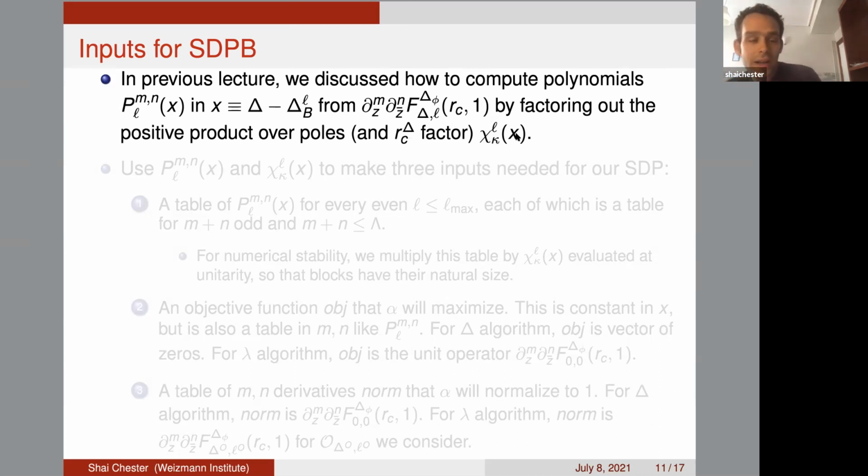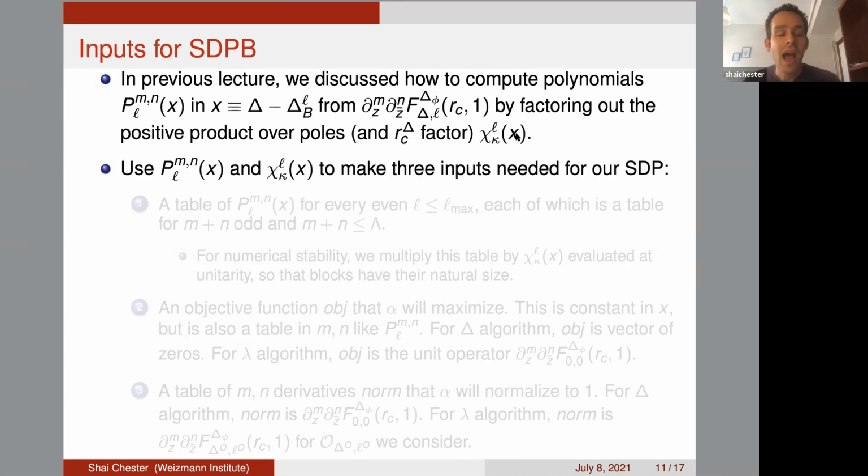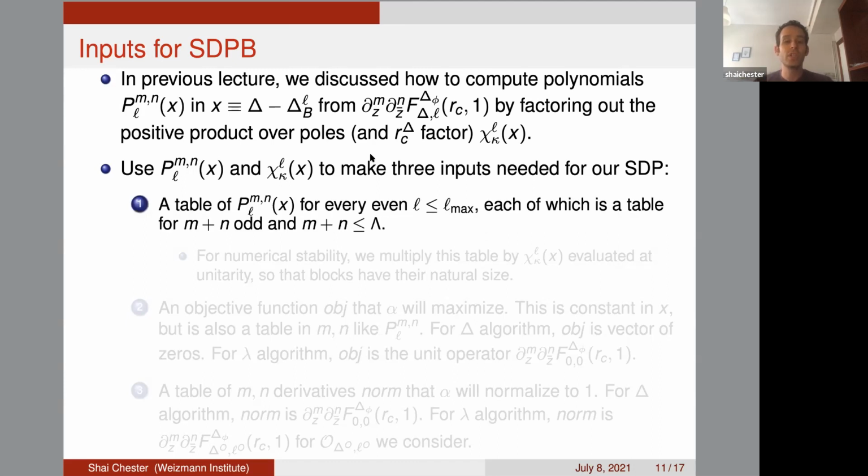So now I'm going to describe in detail how exactly you can use these polynomials of x, as well as this positive quantity of x, to construct the three inputs that are needed to actually make our SDP. So this was the thing we discussed in the very first slide of this lecture. In particular, just to reiterate, the first input, which is the polynomial constraints themselves, consists of a table of these polynomials labeled by m and n for each derivative in z and z bar, as well as L for each spin, as a function of x.